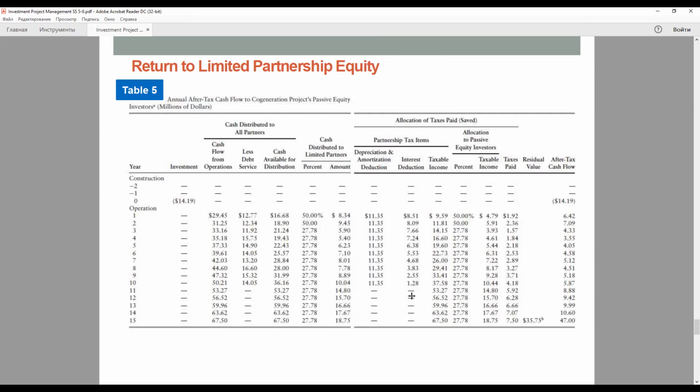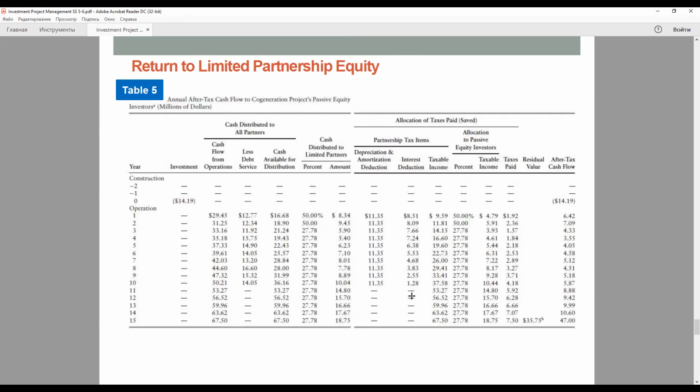The timing of the equity investment affects the investor's expected rate of return. The passive equity investors in a cogeneration project will have to commit to invest their equity prior to the start of construction. And this table treats the equity investments as occurring at the time these equity commitments are funded, that is, just prior to the start of the operations.